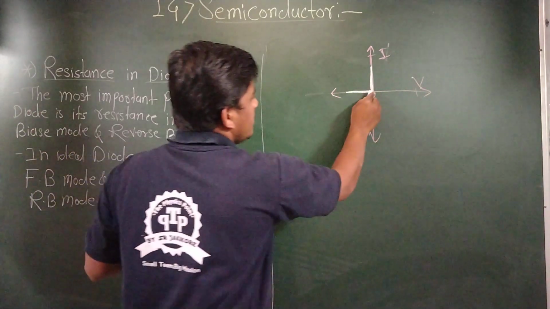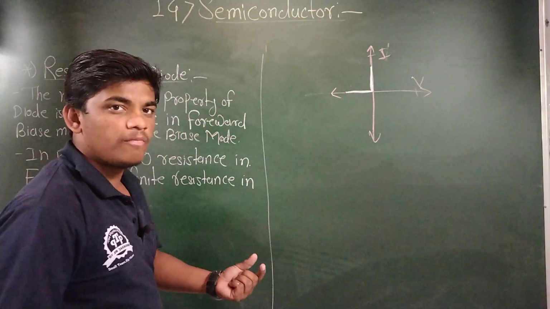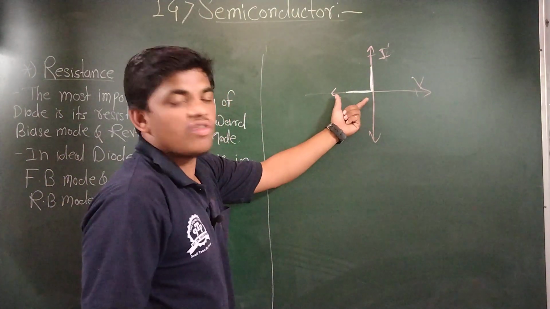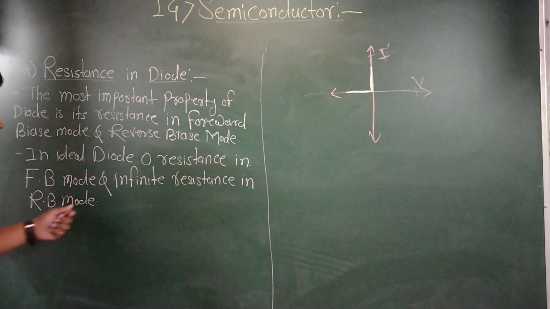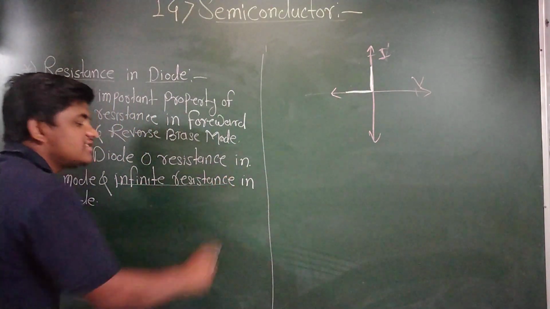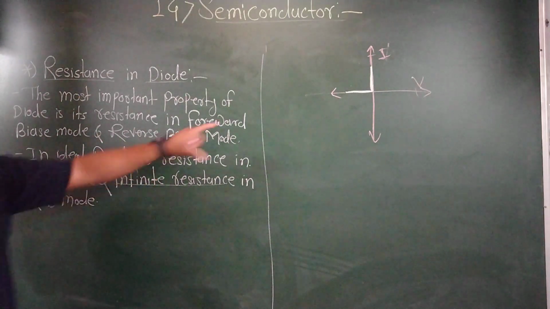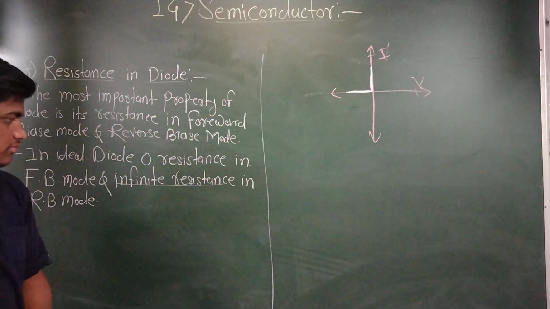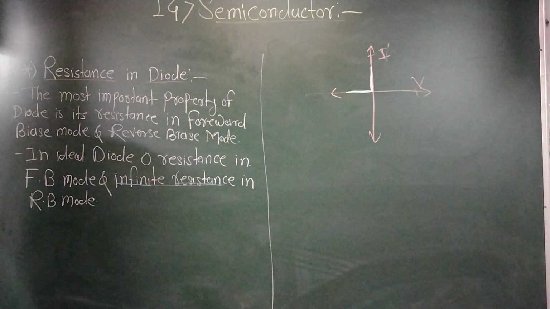The voltage will increase high, but the current must be zero. When the current is zero, the resistance is infinite. Infinite resistance occurs in the reverse bias mode. This is the ideal case. We have discussed the ideal diodes.